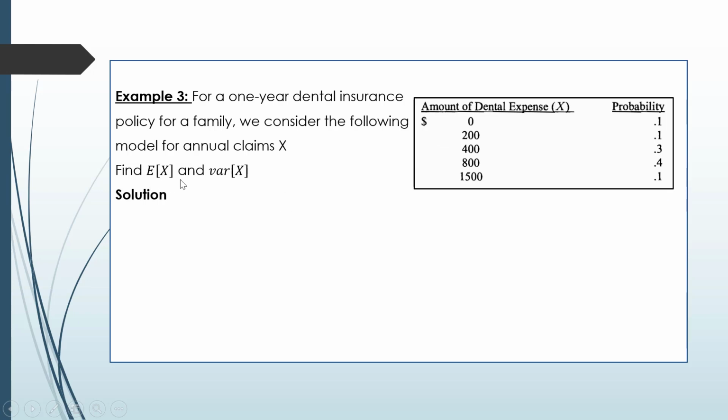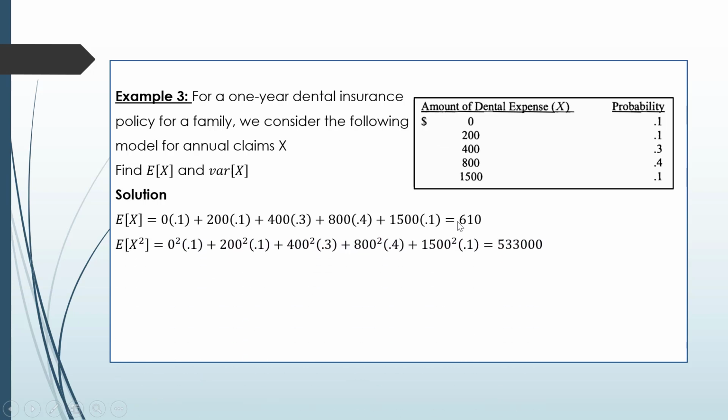The question asks for the expected value of X and the variance of X. This question is just like those for ordinary random variables. To find the expected value of X, we multiply each value of X by its probability and then add them together. So the expected value of X is 610. The expected value of X squared is 533,000. And the variance of X is E of X squared minus E of X, whole squared, which is 160,900.